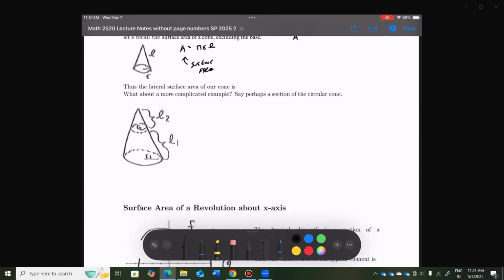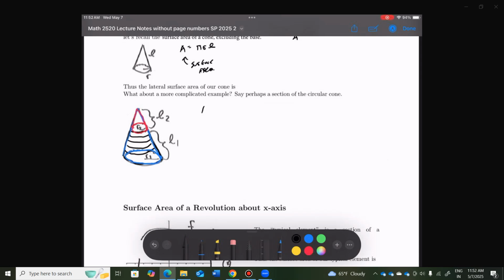If we're looking at just this section here as the surface area, then we're going to take the whole cone surface area minus this section of the surface area to get that other piece.